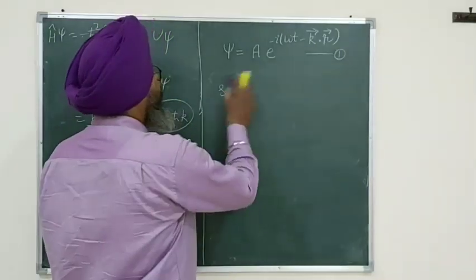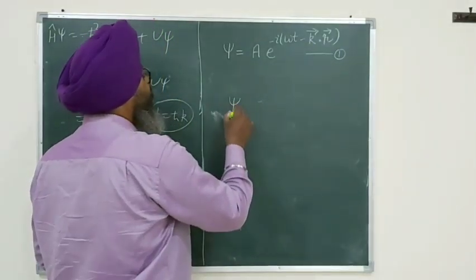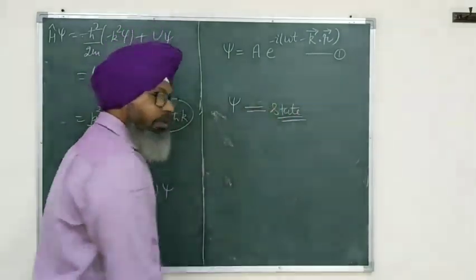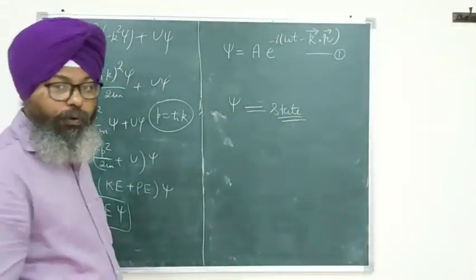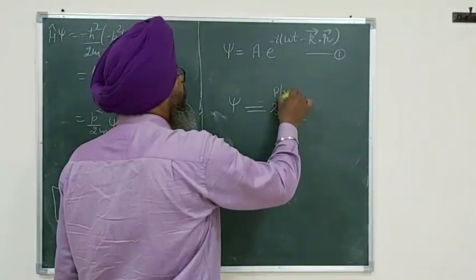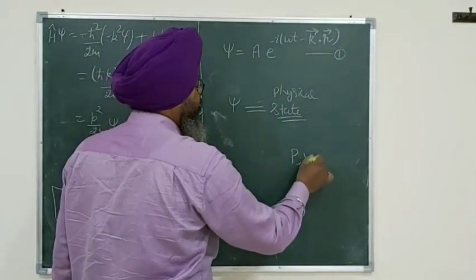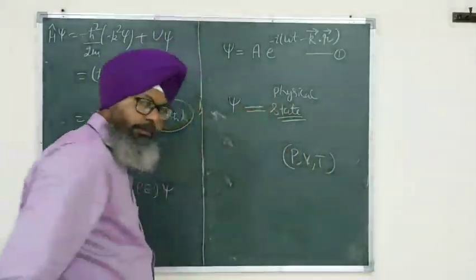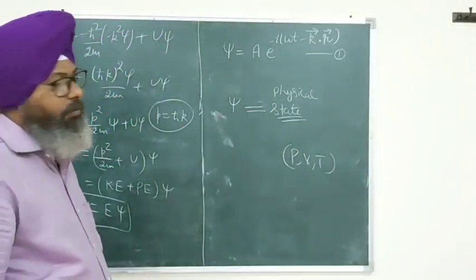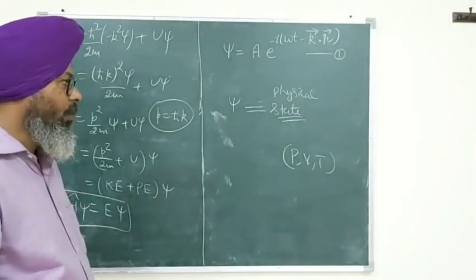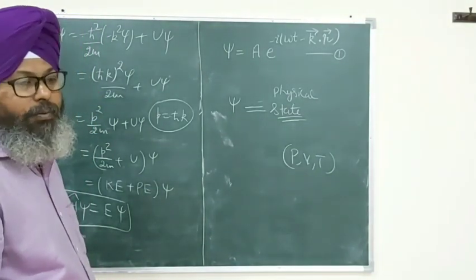From today onward, we can just say that psi is the state of a particle or state of a system. Of course, it is the physical state, not the chemical state, because the chemical state of a system is given by these three parameters, P, V, T, and the physical state of a system is given simply by psi. So the wave function of a system is equal to the physical state of a system.